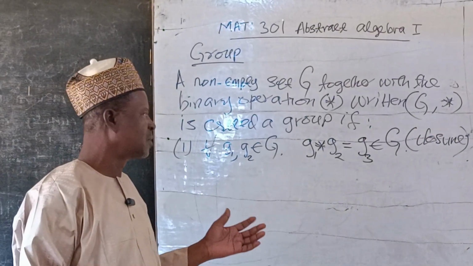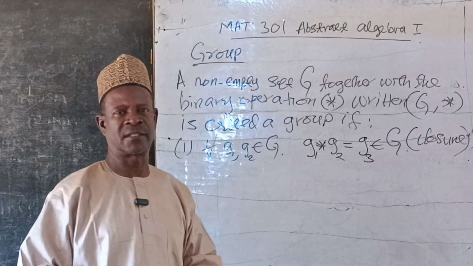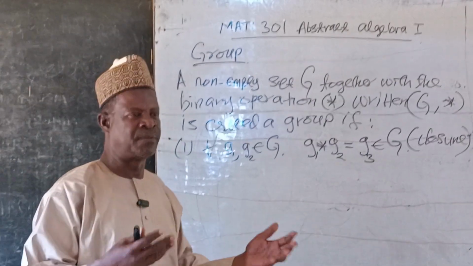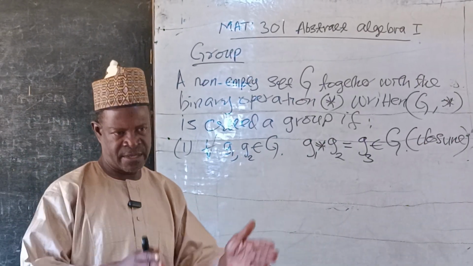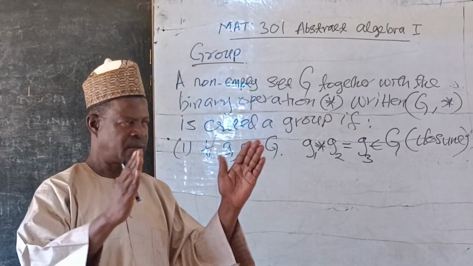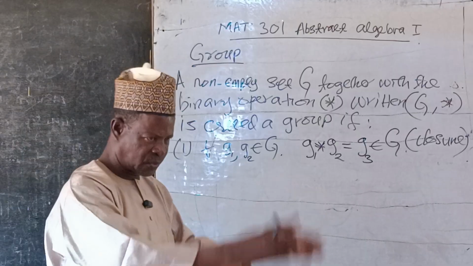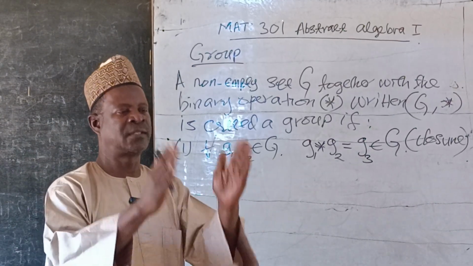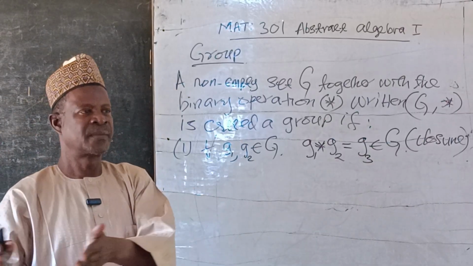Now, I used to give closure in practical sense. What it means is that if you have a breed of animals, when they reproduce, they are going to give birth to the same breed. Is it clear? You are rearing goats. By the time they reproduce, they are going to get goats. You are rearing sheep. Once they reproduce, they are going to give birth to sheep. You are rearing cows.